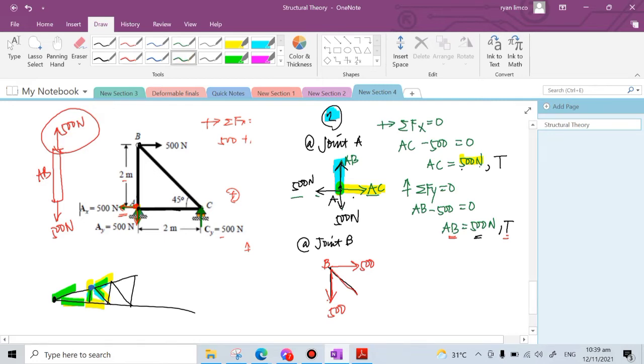So, pwede mo siyang i-assume na compression, pwede rin yung tension. Pero this is compression. Bakit compression ng assumption dito? Compression yung assumption ko kasi base dito, kung makikita natin, dito kay member BC, ito kasi yung load natin, hinila pakanan. Since hinila pakanan, ang tendency, ito ay magbe-bend pakanan.